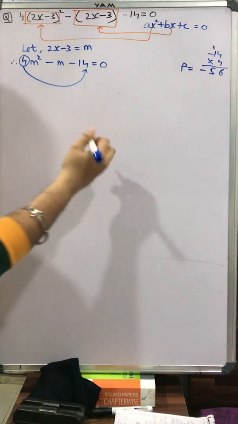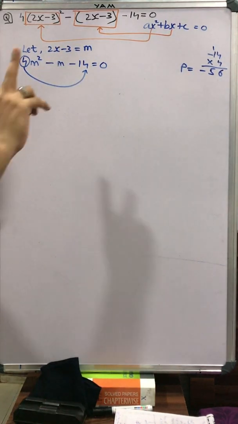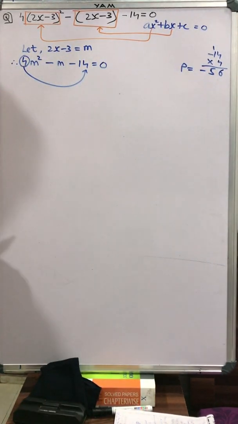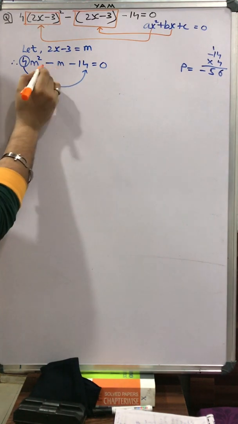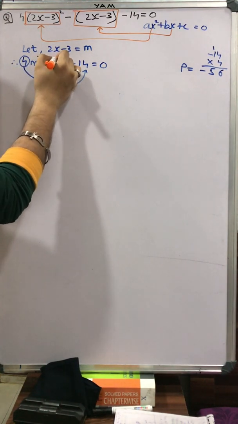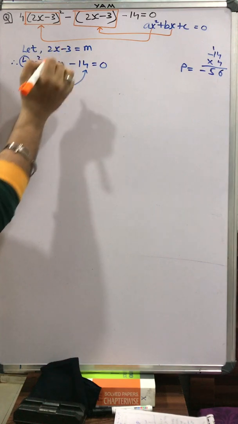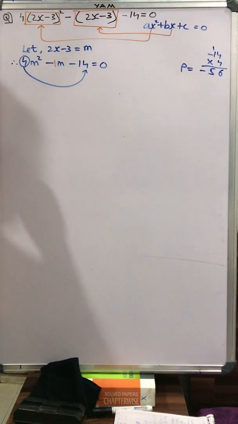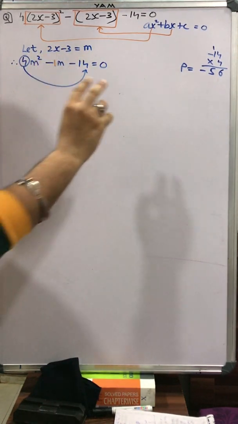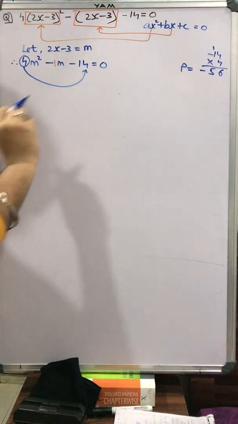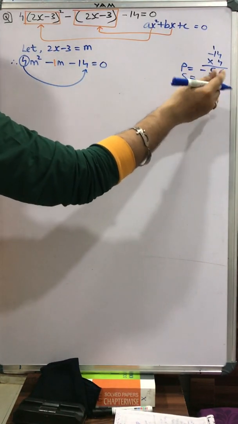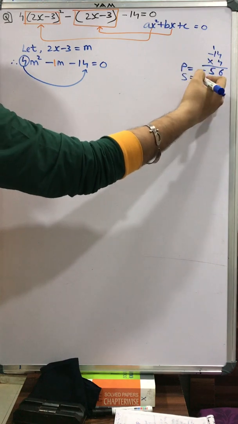That means we need two numbers such that if we multiply them we get minus 56. Okay, and in front of this m there is nothing mentioned, meaning by default it is 1. So we need two numbers which multiply to -56, and if I add the same two numbers I should get -1.